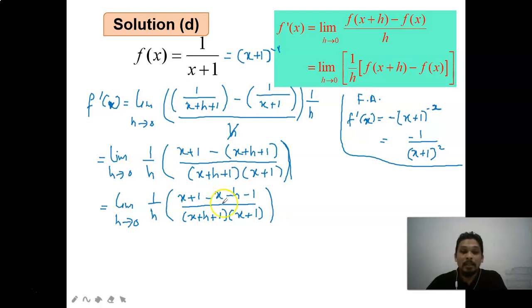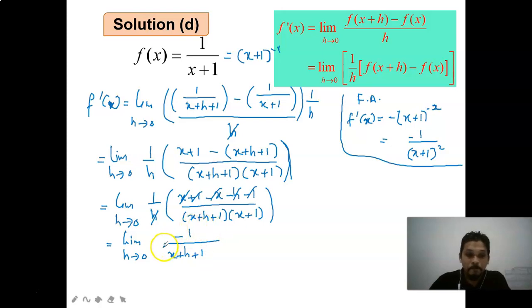Now, x minus x, 1 minus 1, and h divided by h. Limit h approaching 0, h divided by h. So don't forget that we got negative here. So negative 1 divided by x plus h plus 1 and also x plus 1.